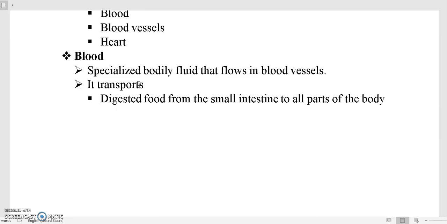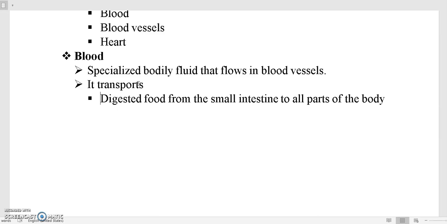So we know that we need nutrients and oxygen, and we also need to get rid of the waste material created by our cells and organs after working. All this waste material needs to be transported as well. So we need good things, and we need to get rid of the bad things, that is waste, also. So the first thing blood does is transport digested food from the small intestine.